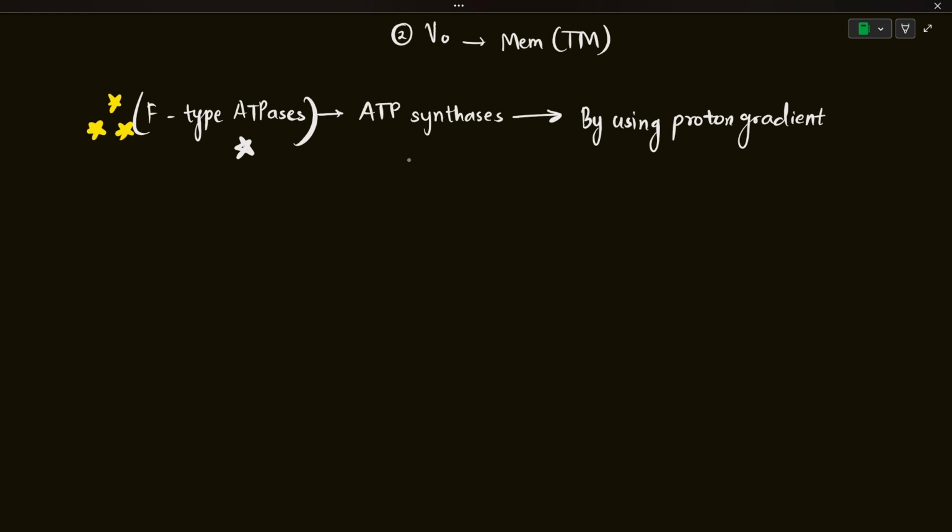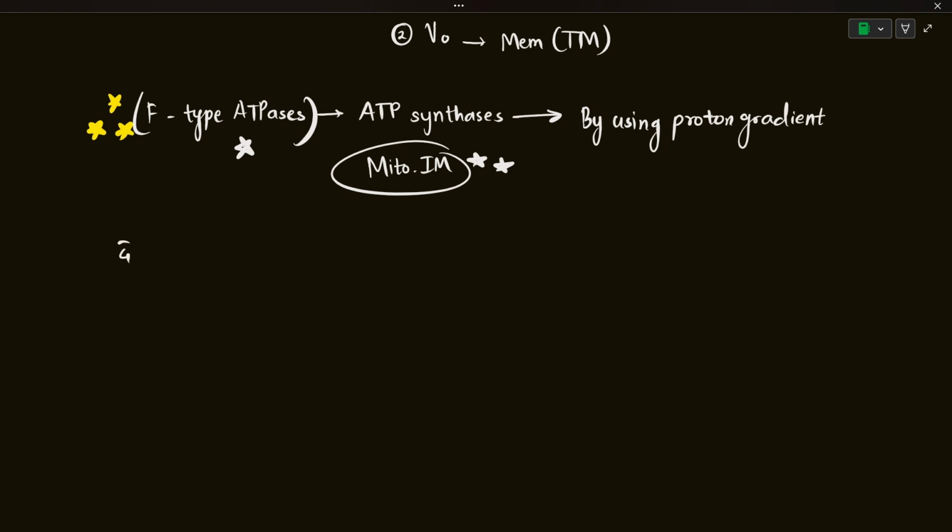Please remember that, and they are present on the mitochondrial inner membrane. I'm sure you have learned about it. We just categorize them in active transport because they are mechanistically related to that.